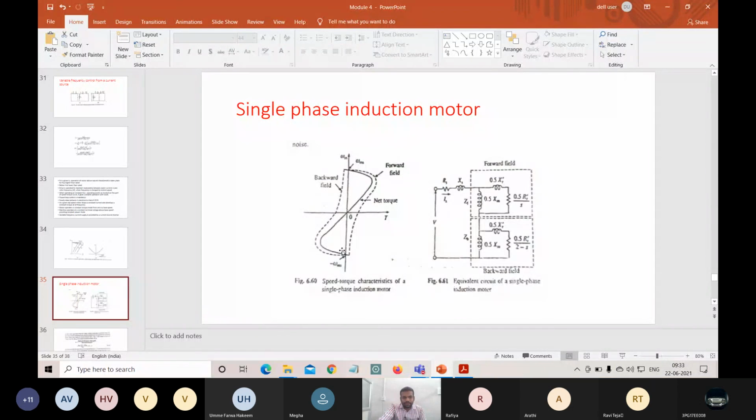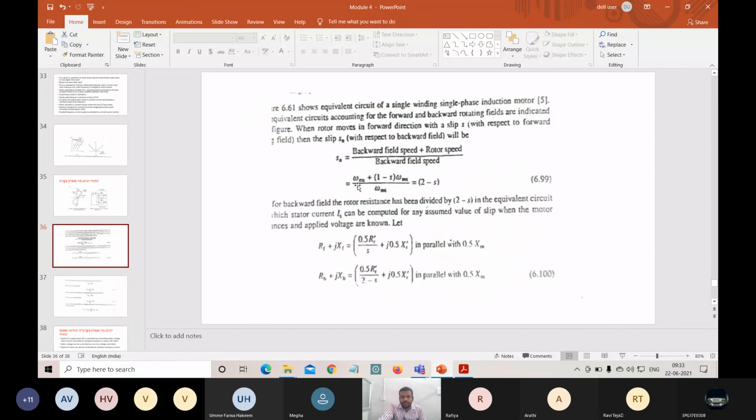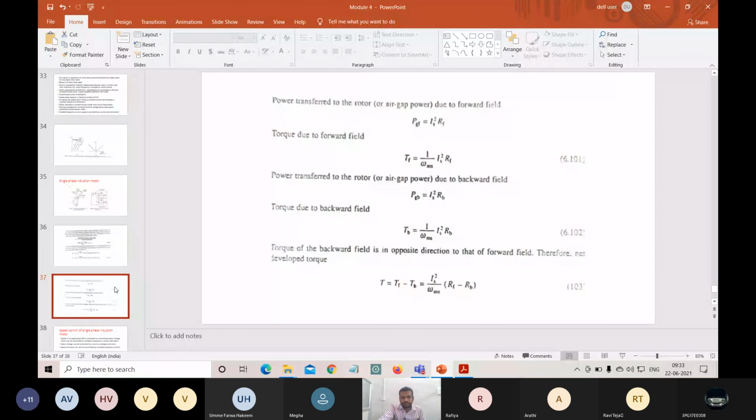Okay, this is enough, we'll discuss the remaining in the next session. We have some characteristic equations: what is slip, how the slip will be, backward field speed, rotor speed, and some equations. These equations will be asked for numericals.